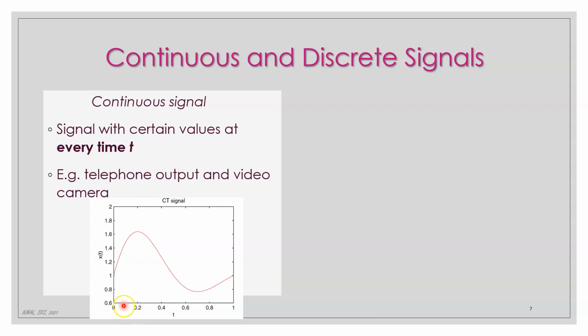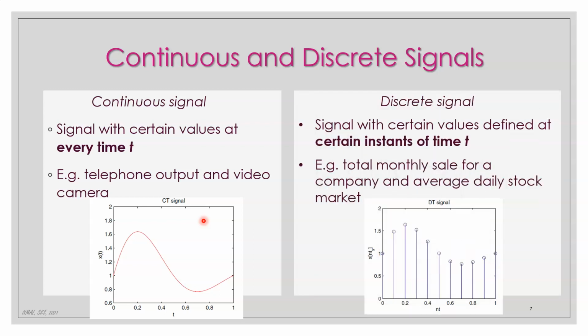At that time we still have signal. At every single point we have signals, for example, telephone output and video camera. So this is continuous. It always has values at every single time, maksudnya dia ada value dekat semua time.